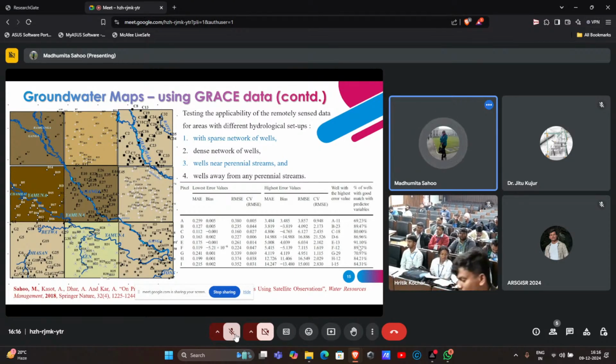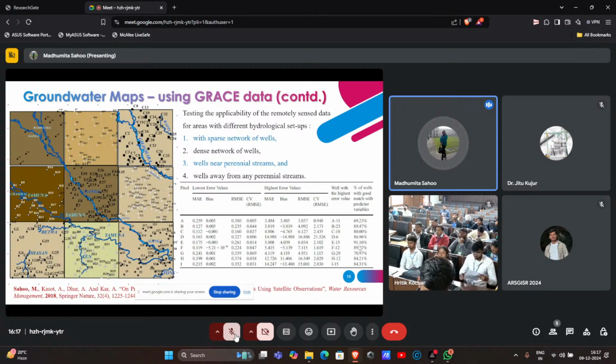But at this point, we should mention that they can't be used directly to supplement the groundwater level data which we get from the groundwater wells. So what we do, we try to correlate the GRACE data with all the different satellite precipitation, evapotranspiration, and all the data sets which I have mentioned before.